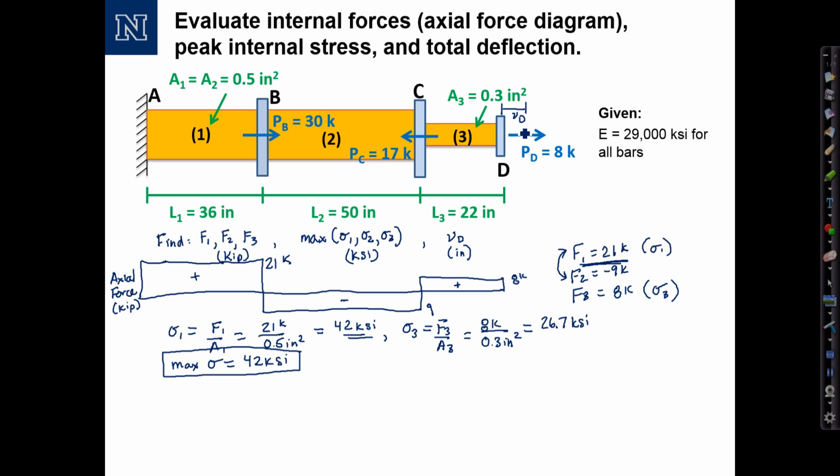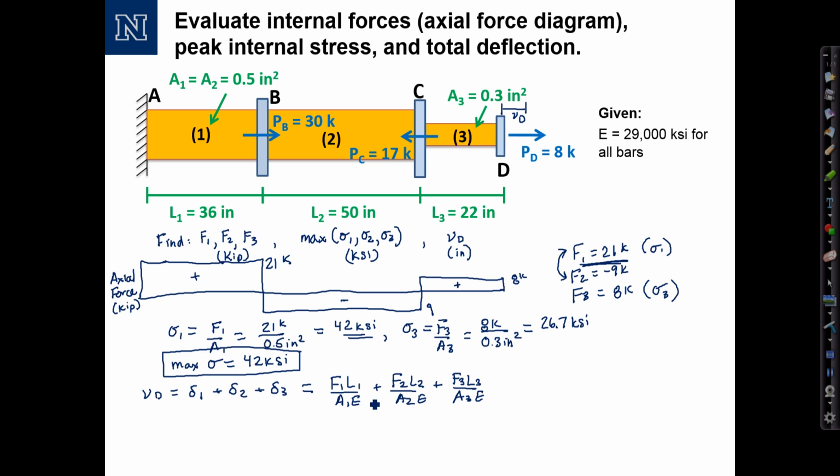Okay, finally, evaluating the total deflection, we can add together the deformation in each segment through V sub D equals delta 1 plus delta 2 plus delta 3, where for each segment, the deformation is FL over AE, so we have F1 L1 over A1E plus F2 L2 over A2E plus F3 L3 over A3E.